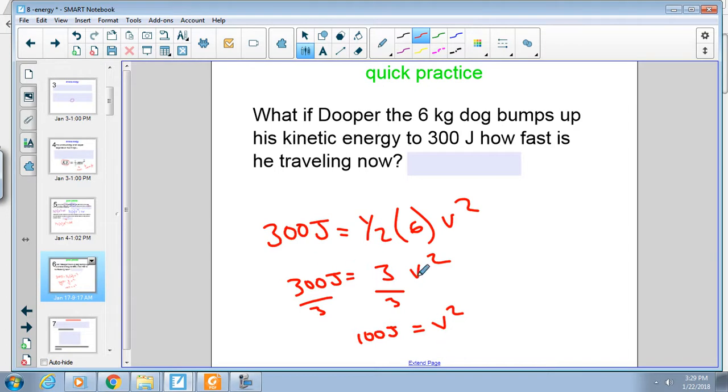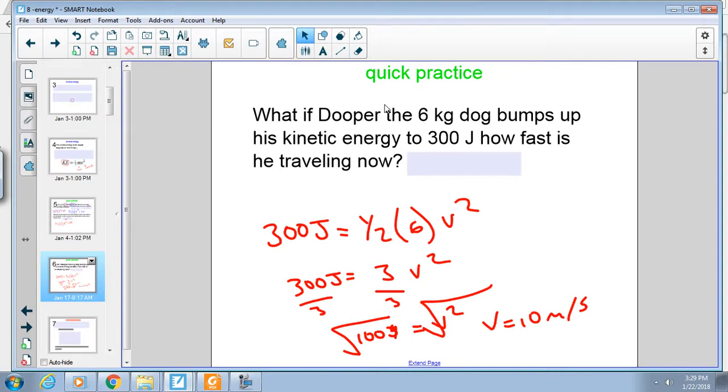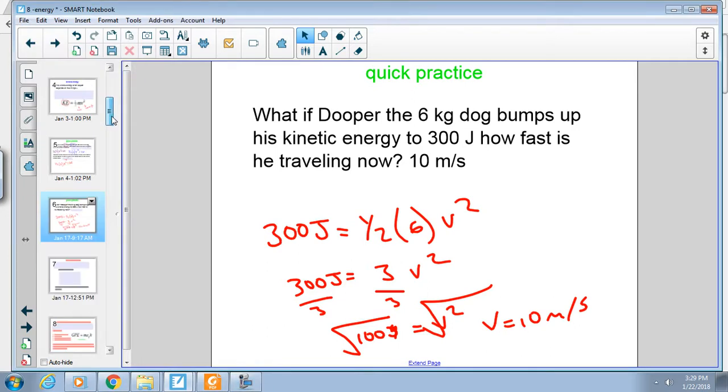Or in this case, it would just be meters per second squared, but whatever. Square root, and we're left with 10 meters per second equals our velocity. So how fast is he going? 10 meters per second.